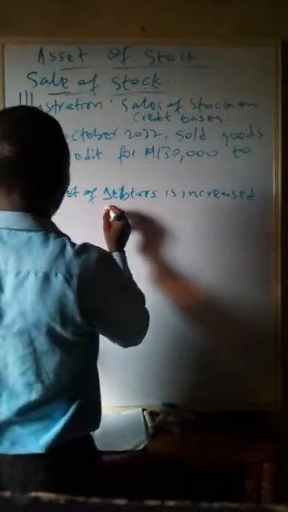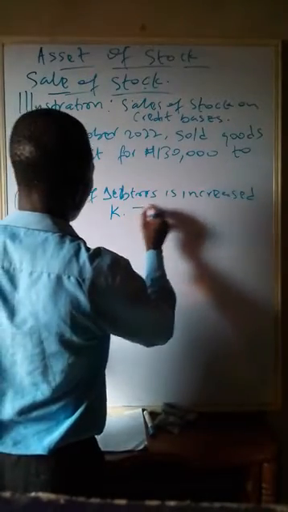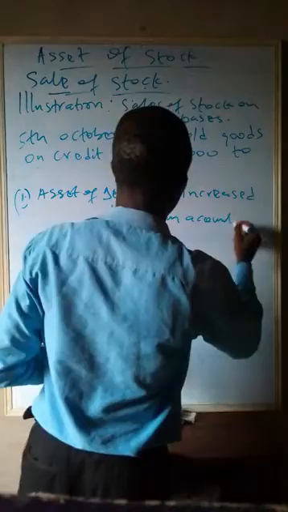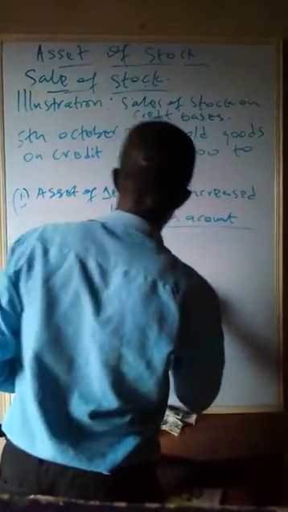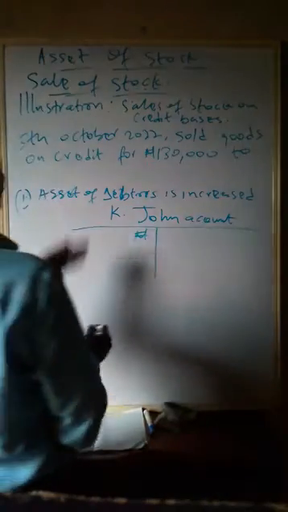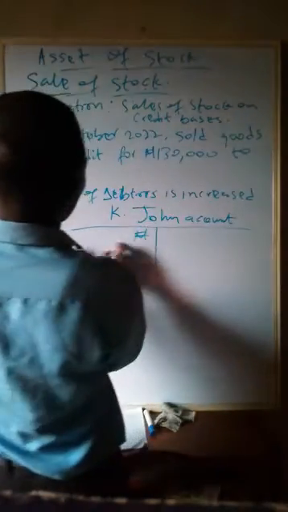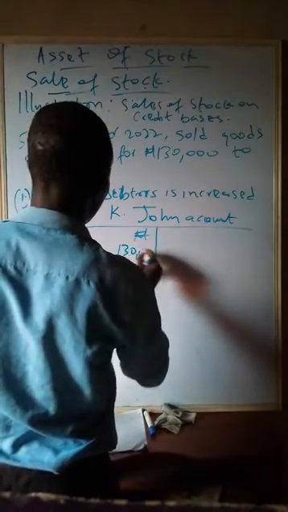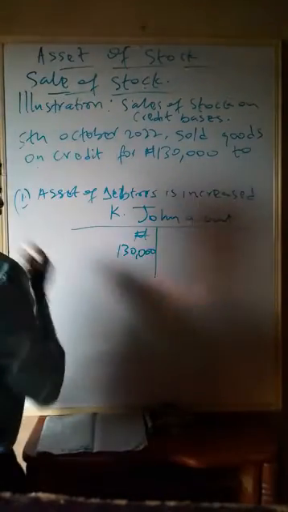Who is our debtor? K John, because he has not paid us. Then the account is K John account. What do you do here? You debit K John, because it was 0 before, but it has increased to 130,000.